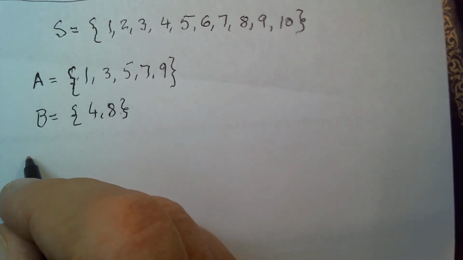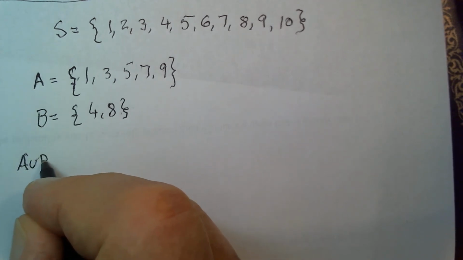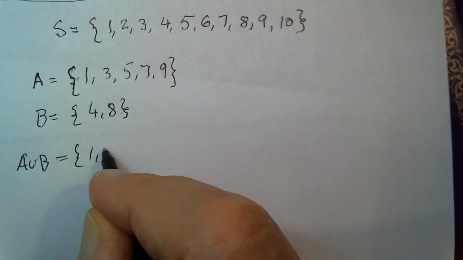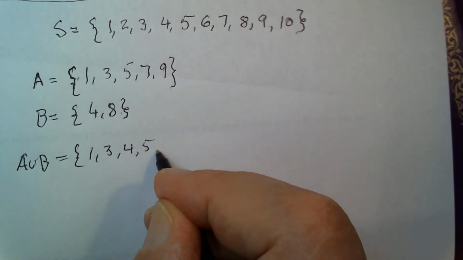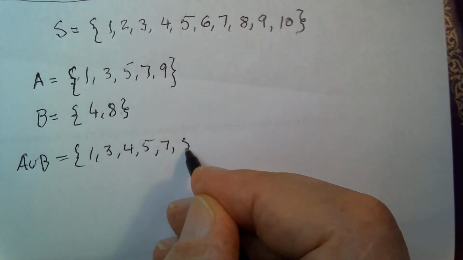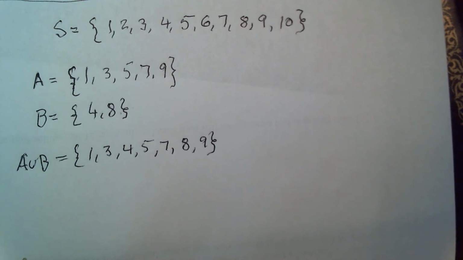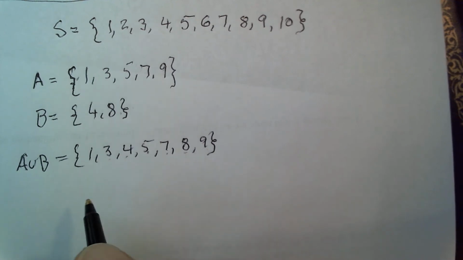Then if a number can be in A or B, or the A union B, that set would be 1, 3, 4, 5, 7, 8, and 9. So that set has 1, 2, 3, 4, 5, 6, 7 elements.